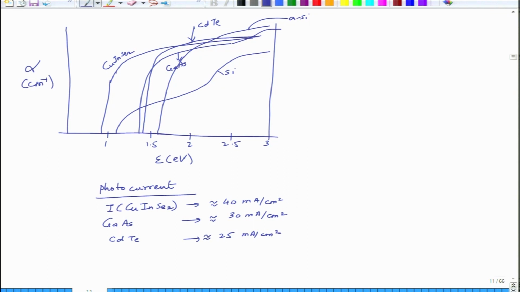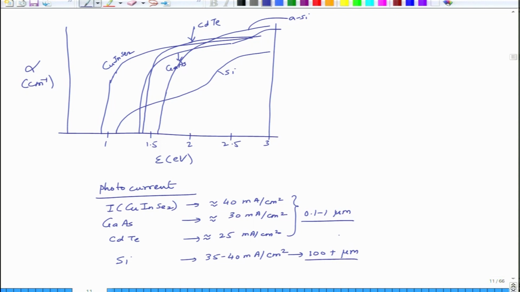Very high currents that you can obtain in case of CdTe, and these currents are obtained at a thickness of nearly 0.1 to 1 micron, whereas in case of silicon the high current, you can reach a saturation of about 35 to 40 milliamps per centimeter square, that is obtained at a thickness of nearly 100 plus micron.